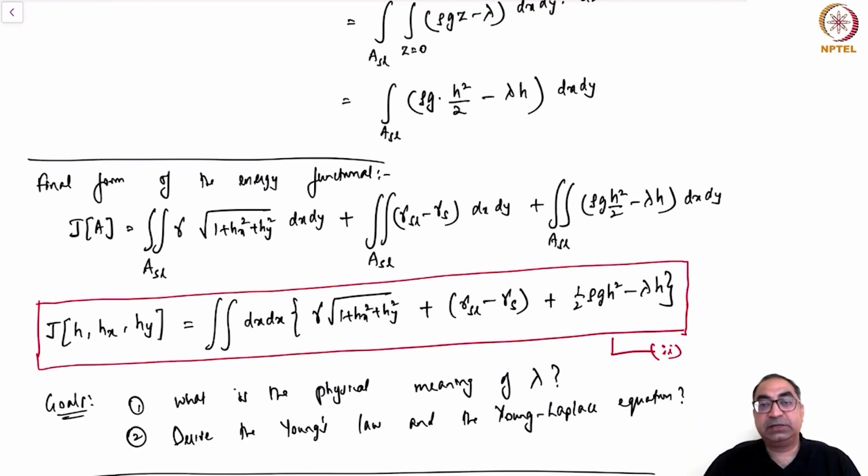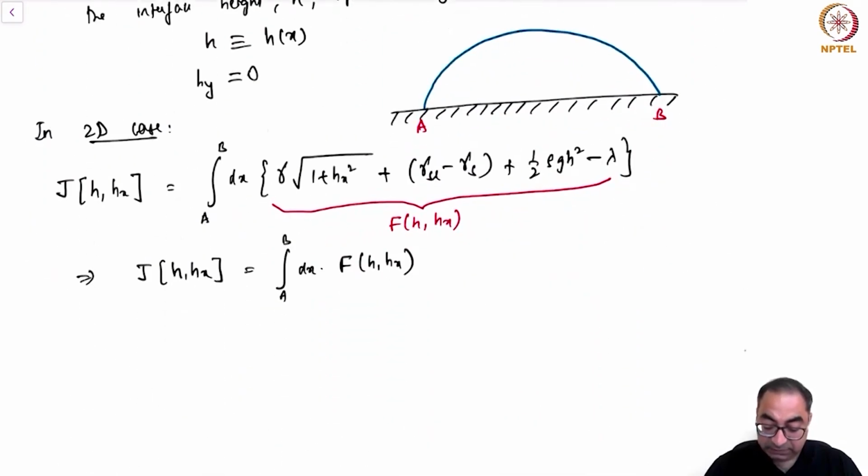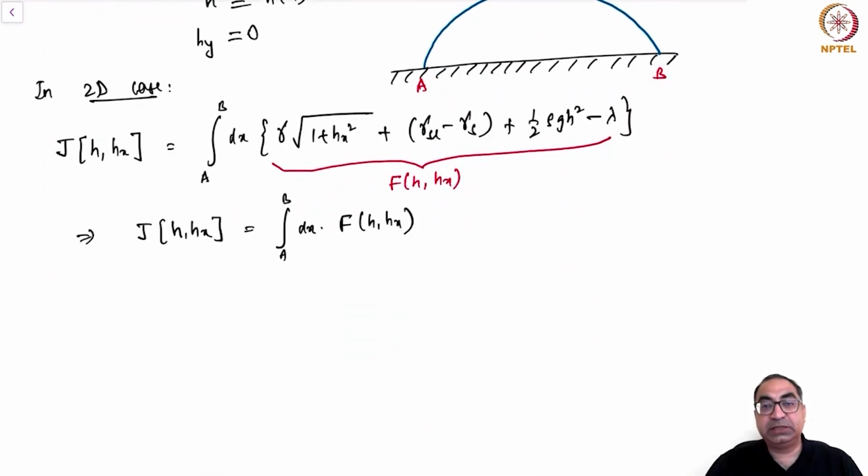This entire energy functional, we can continue the analysis directly, but instead, just to keep the analysis simple and reduce the amount of effort that I need to write down these elaborate expressions, I have considered a 2D case, though the analysis will straight away carry forward to a three-dimensional system.